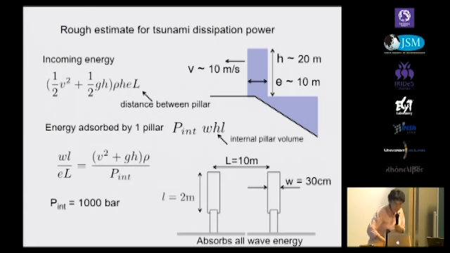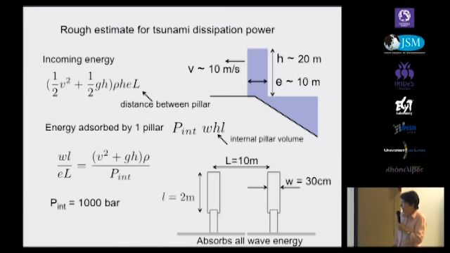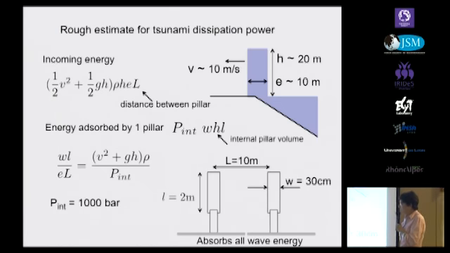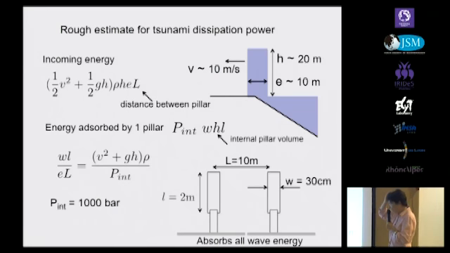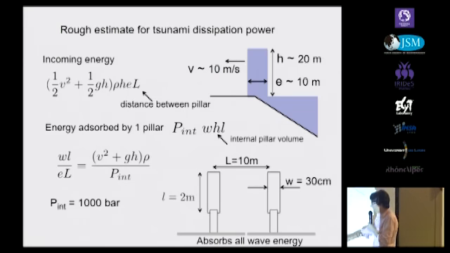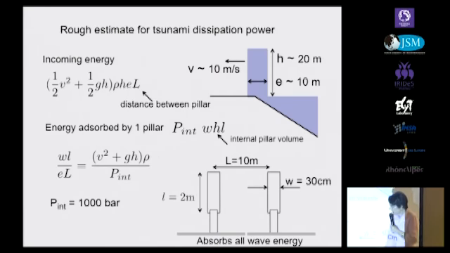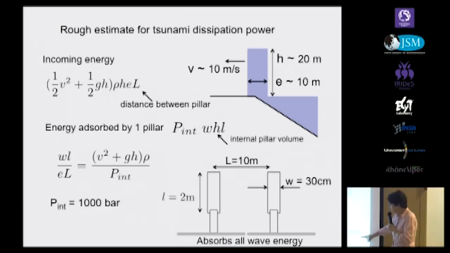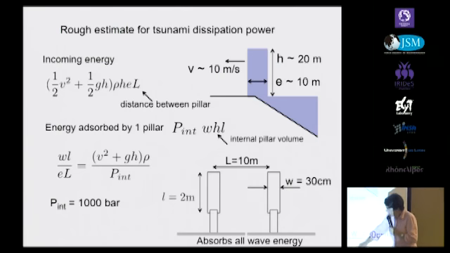And we find that using the high intrusion pressure, the pillar can absorb all the tsunami wave if we have a pillar array separated by 10 meters and with an internal volume of 30 centimeters in thickness and 2 meters in length.